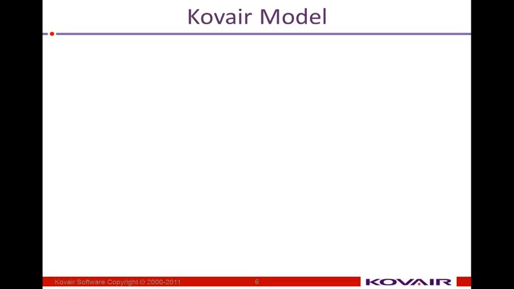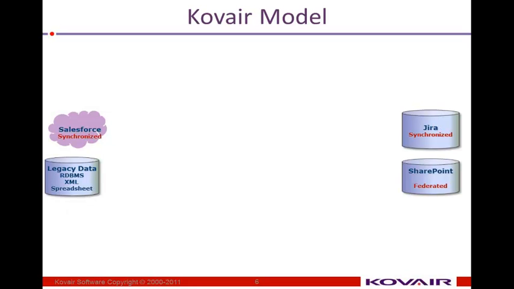So let's look at how Kovair achieves this kind of integration using a middleware. If you look at these applications, we have certain applications running on-premise, like Jira. Jira, if you're not familiar with it, is a very popular bug tracking tool.